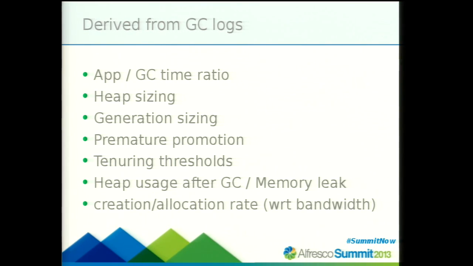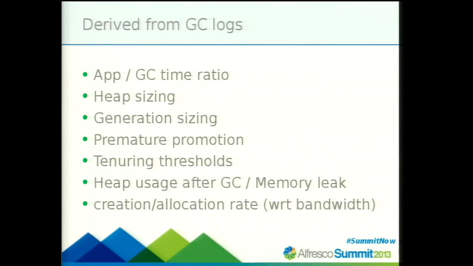What you can derive from the GC log is an application to GC time ratio. Is your heap properly sized? Are your generations properly sized? As we just mentioned, you have the young generation and the old generation, and you can decide on a proper sizing for each. Do you have, for example, too small a young generation, meaning that objects are allocated in the old generation too much because there is not enough space to accommodate them in the young generation?